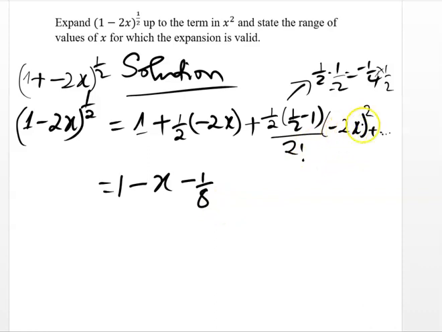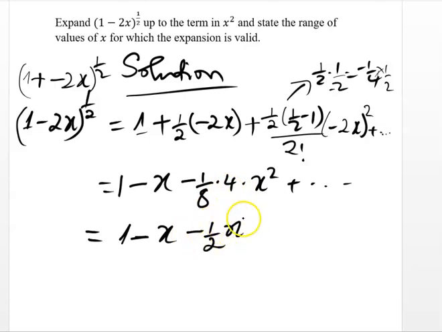Then (negative 2x) squared, from the law of indices, is negative 2 squared, which is 4, times x squared. When this is simplified, we have 1 minus x minus half x squared.